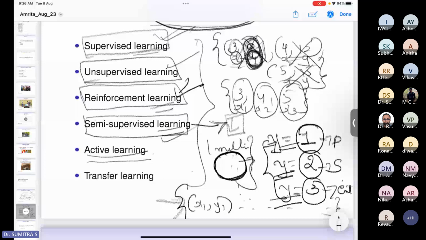Then, depending upon the model's performance and using that guidance, we again select a few more data, generate the y parts for them, and add them to the training set.